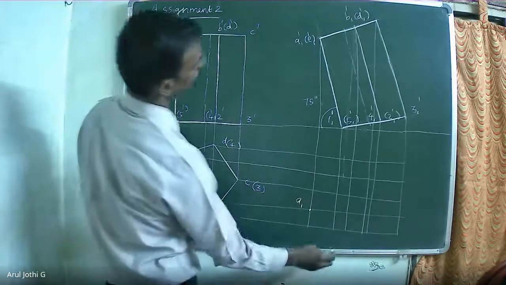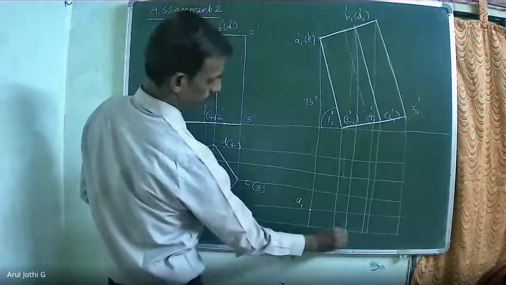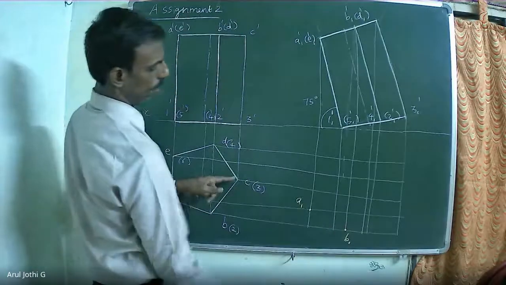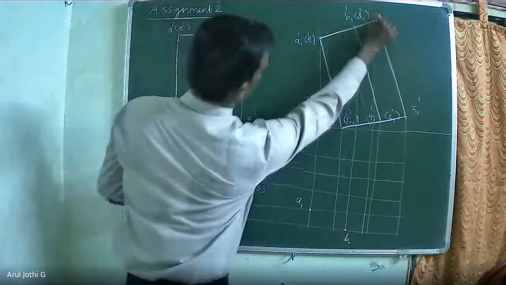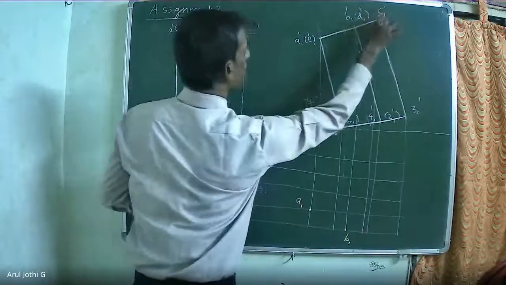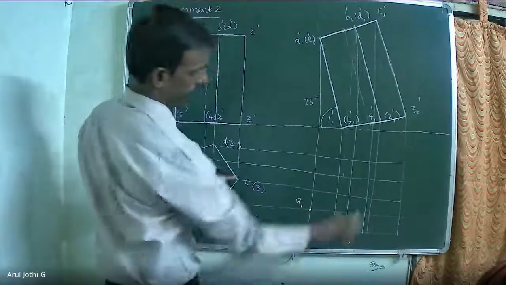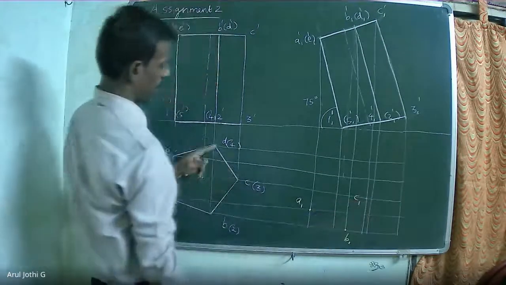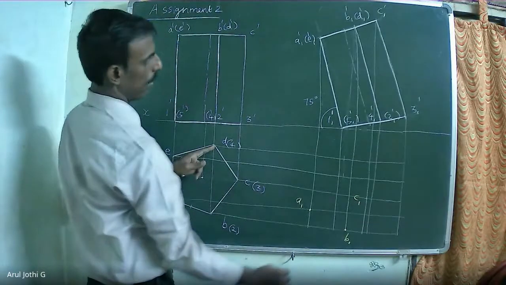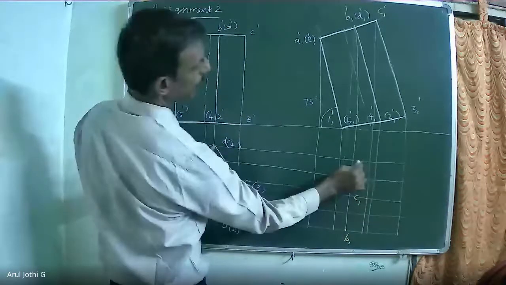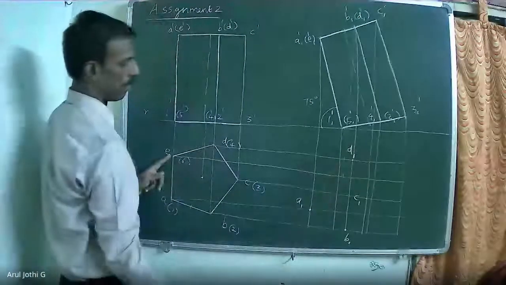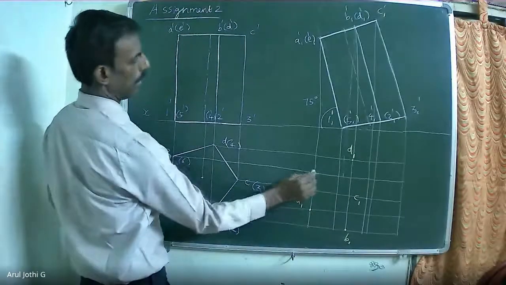Similarly, extend B, forming B1. Extend corner point C and C1 dash. Then extend D and D1 dash. Similarly, extend E and E1 dash.